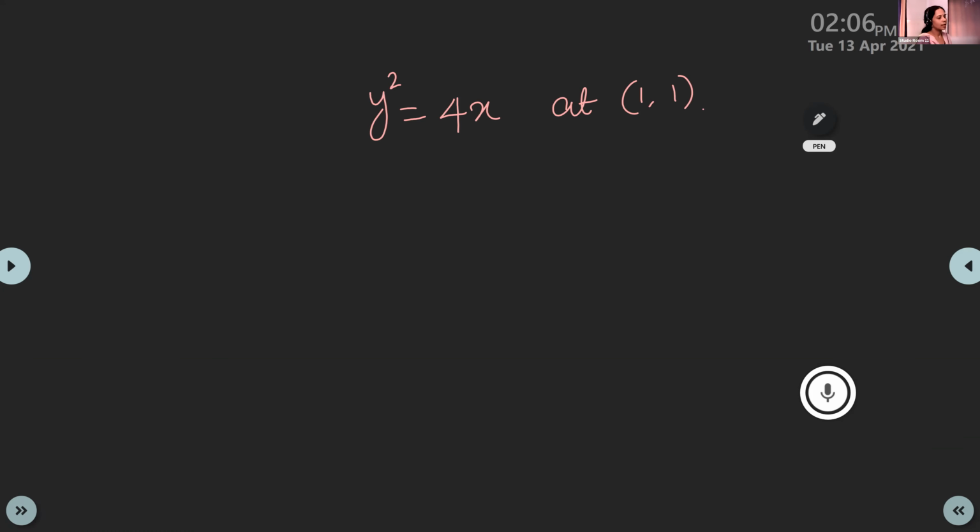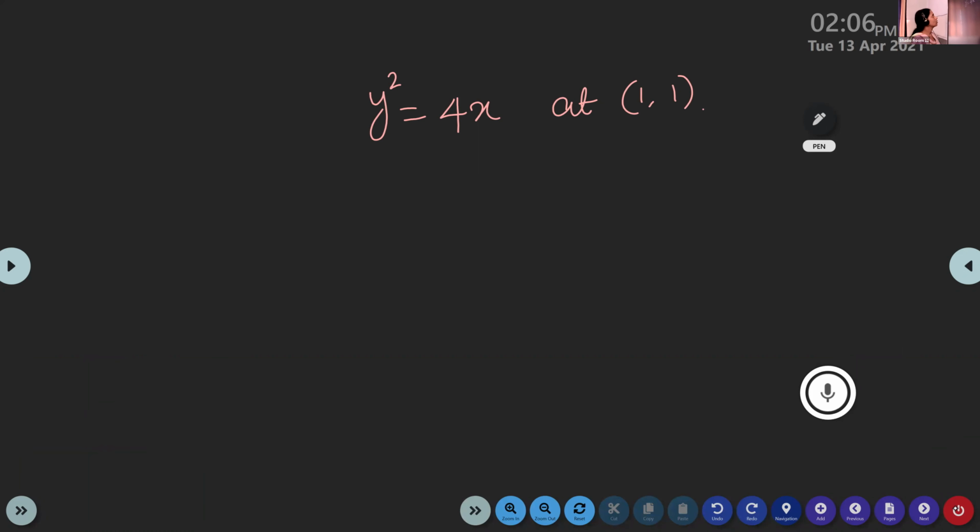Find the equation of tangent and normal to the curve y square is equal to 4x at the point (1, 1).